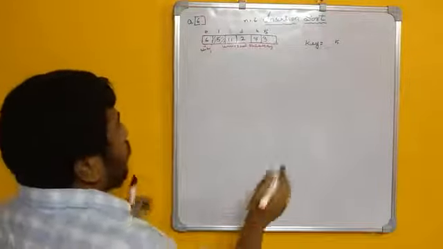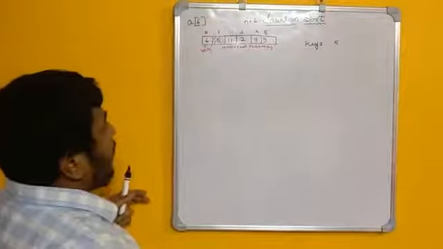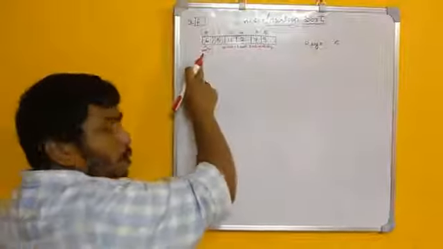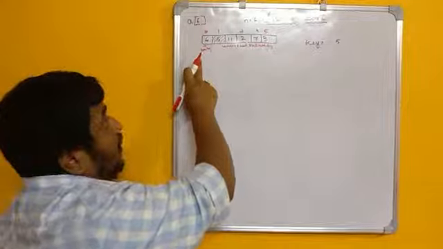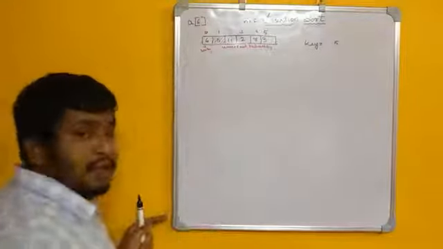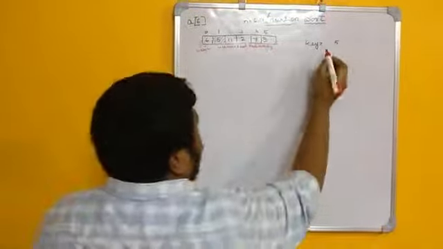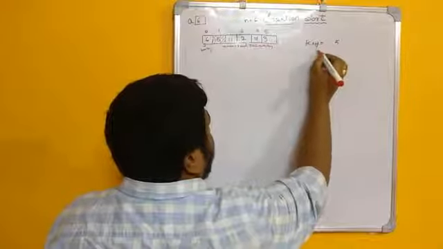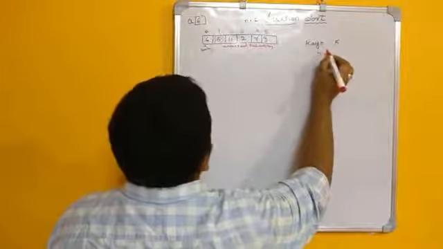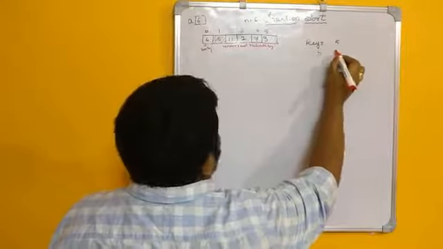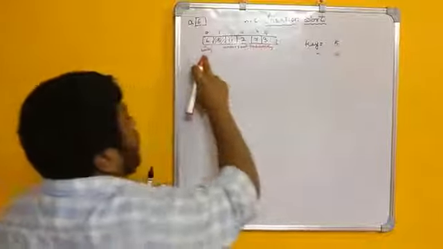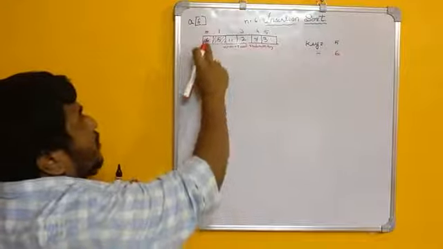So what we will do now, we will compare this key element with the element in the sorted subarray. We have to check whether 5 is greater than or equal to the element in the sorted subarray, which is 6.